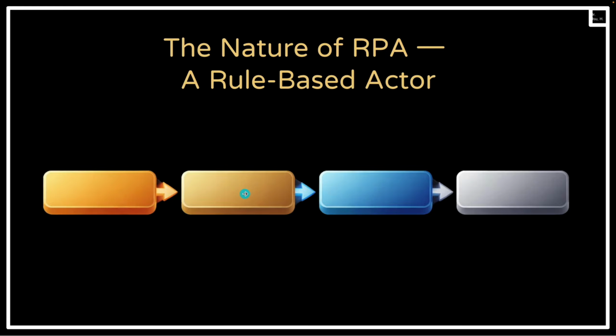So when I describe RPA in class, I often call it a robust actor. It does exactly what you tell it to do, but it does not learn from experience. It does not improve on its own. And when the environment changes unexpectedly, it usually struggles. That is why RPA is powerful but not truly intelligent in the modern AI sense.